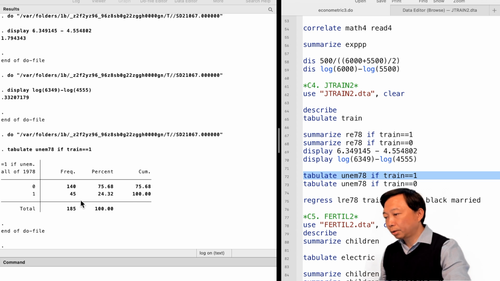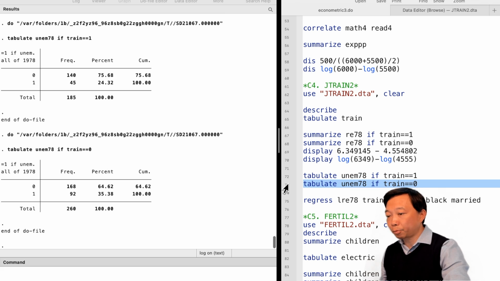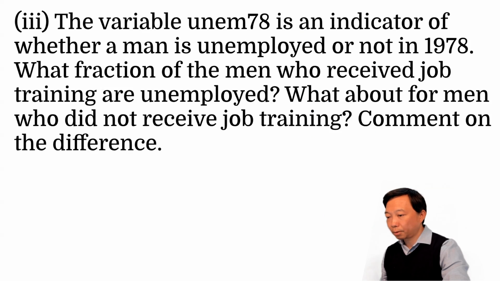By contrast, the fraction of the unemployed men who did not receive job training is 35.38%. The percentage of unemployment is higher for the men who did not receive job training, which is evidence that job training can improve workers' employment.